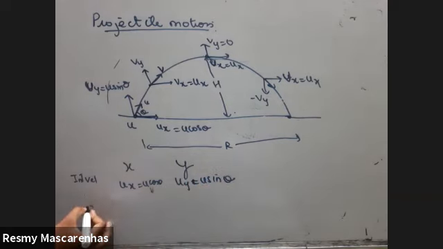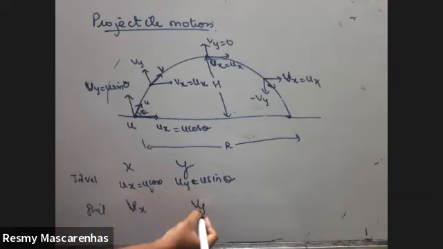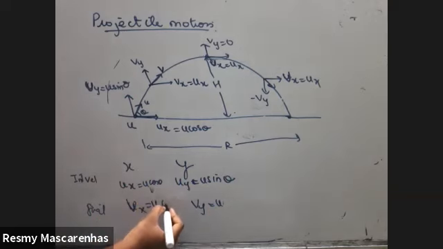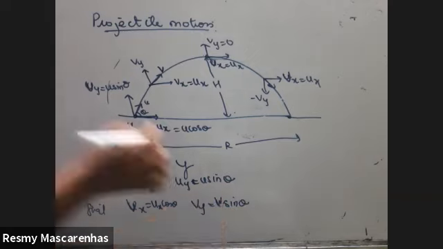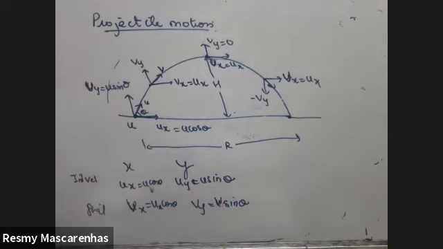In the same way we had the final velocity. This would be vx, this would be vy. vx is the same as your u cos theta. vy will be different. This we don't know, we have to calculate. vx is the same as your ux.